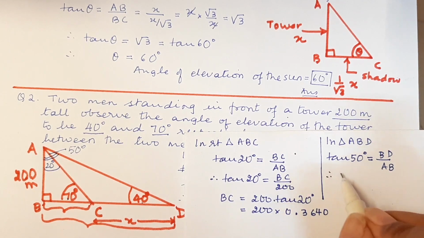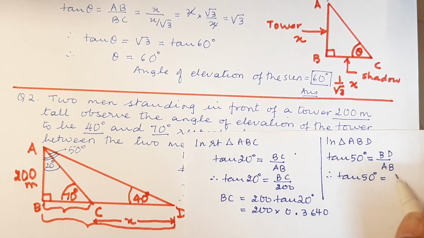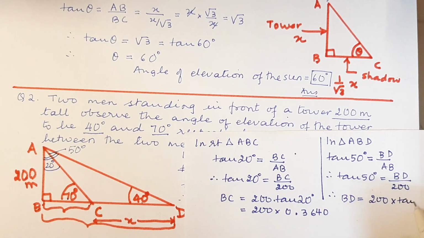And so we will say therefore tan 50 degrees is equal to BD upon 200, and therefore we will have BD equal to 200 times tan 50 degrees, which is going to be 200 multiplied by 1.1918.